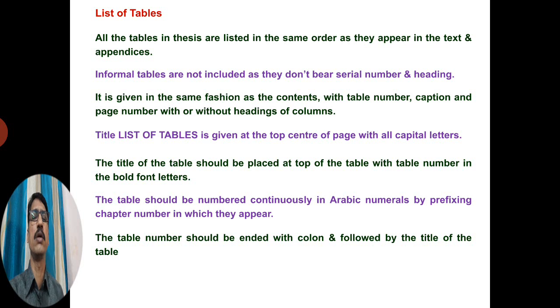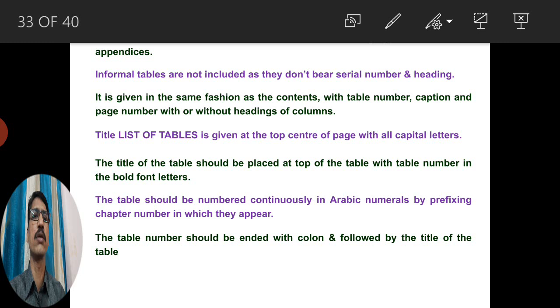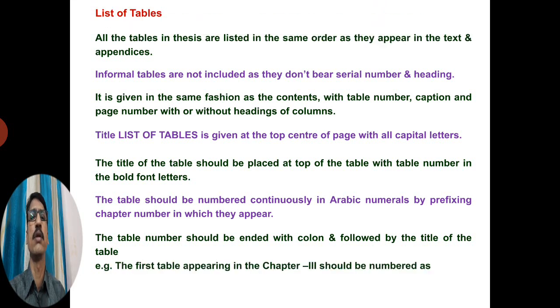Then the title of the table should be placed at the top of the table with the table number in bold font. The table number should end with a colon followed by the title of the table. Suppose the first table appears in the third chapter, then it should be numbered as Table 3.1. 3 indicates the chapter number and 1 means table number 1. 3.1 and the name of the table.